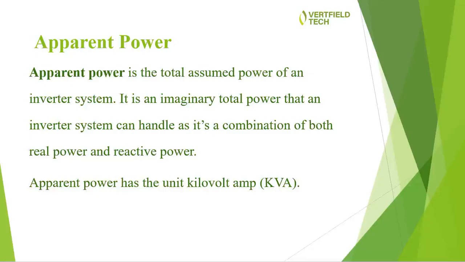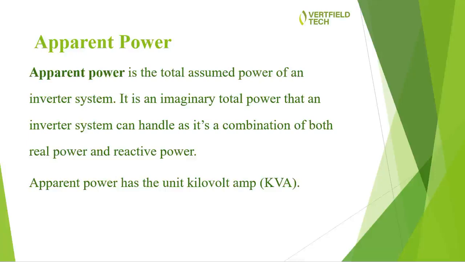For the reactive power, we'll just touch it a little, because it has little or no significance when we are talking about your inverter system, in as much as in the real sense of discussing power, energy or electricity, reactive power is very important. But we are limiting these studies to your inverter system.